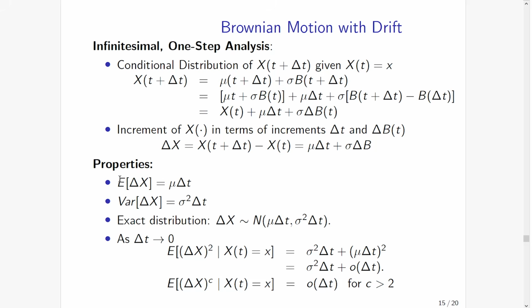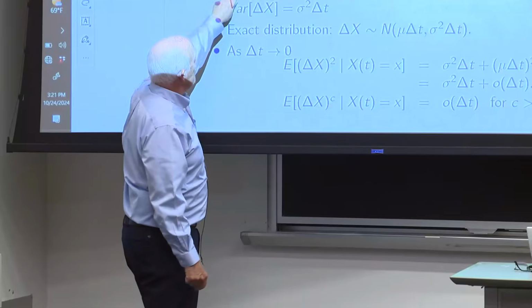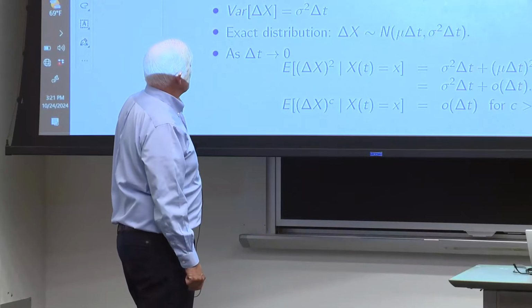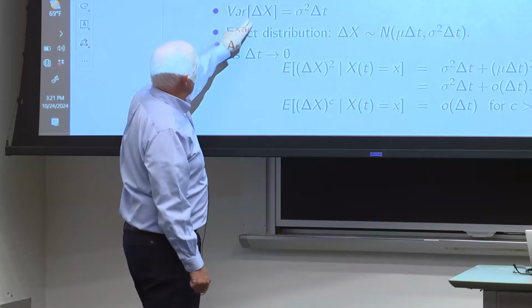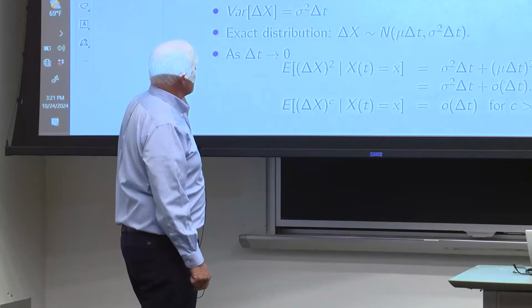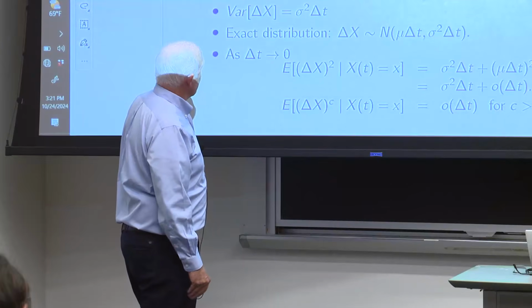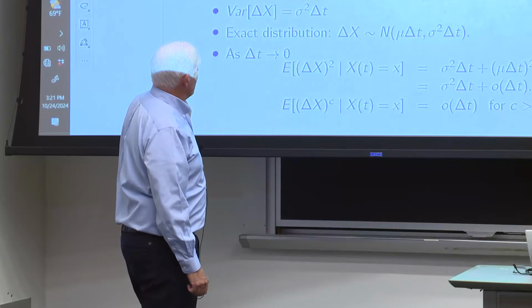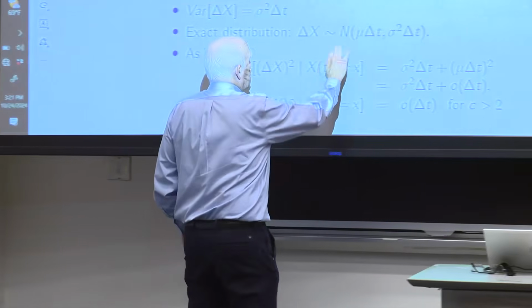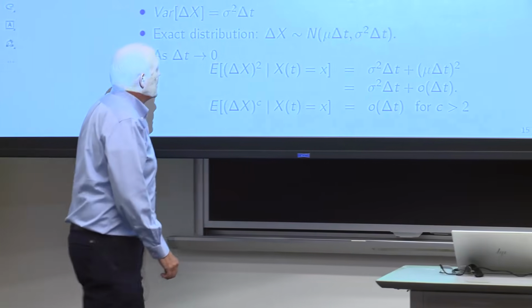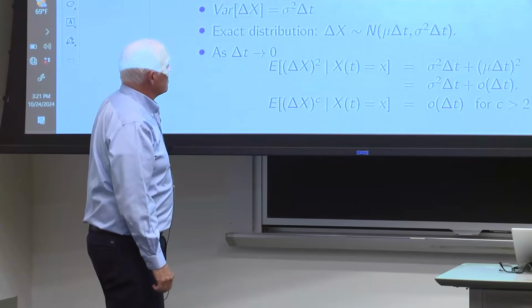So our process x, Brownian motion with drift, will have non-zero mean increments and increments, variances that are proportional to the change in time. And this increment will have an exact normal distribution with these properties.